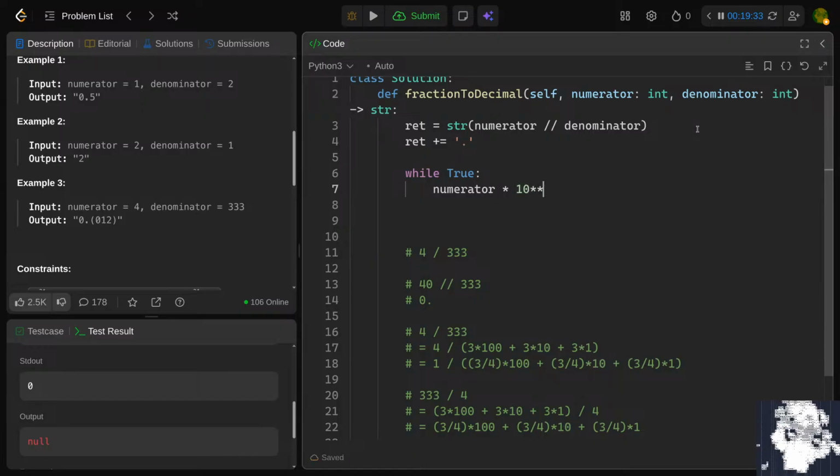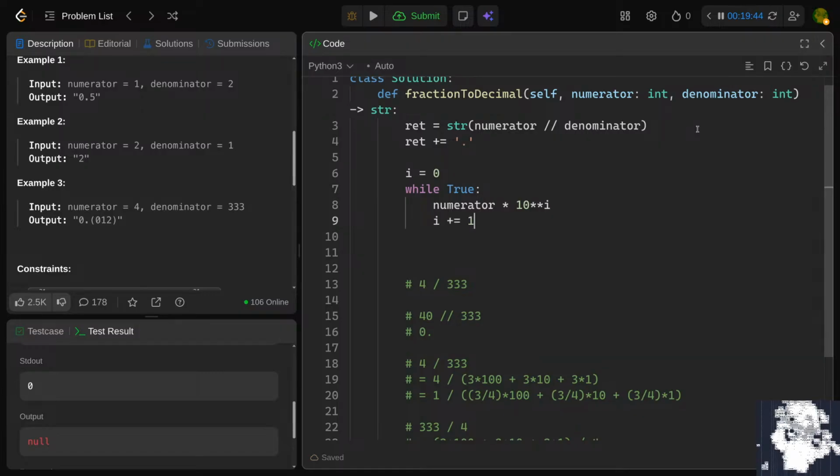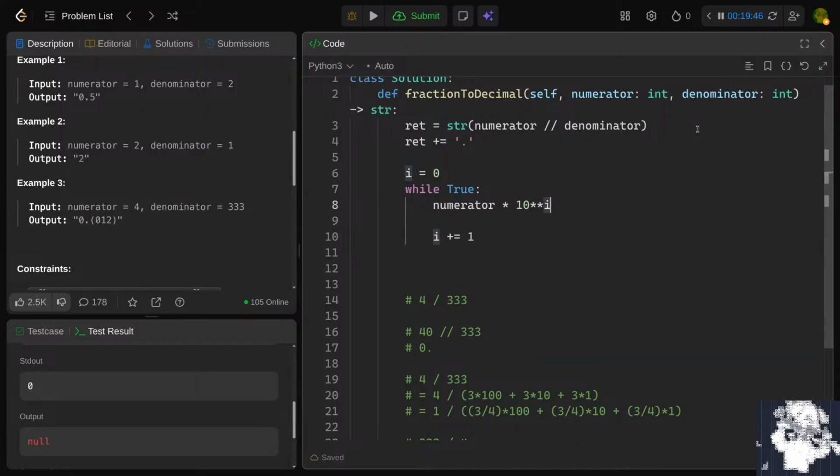So 10 to the i, and then i starts at 0. I will keep incrementing. Divided by denominator.